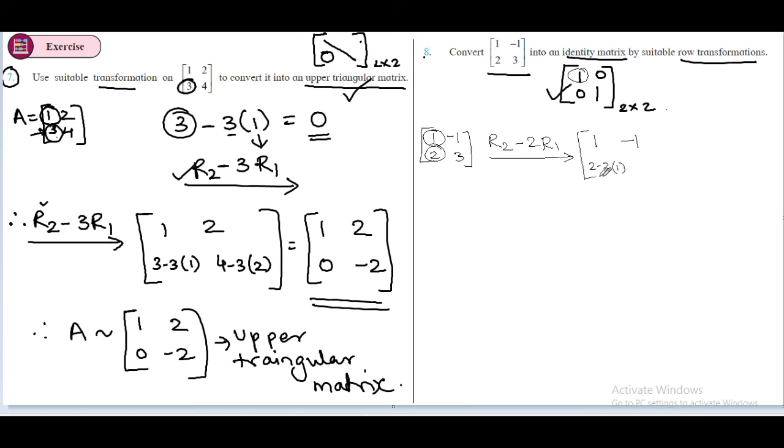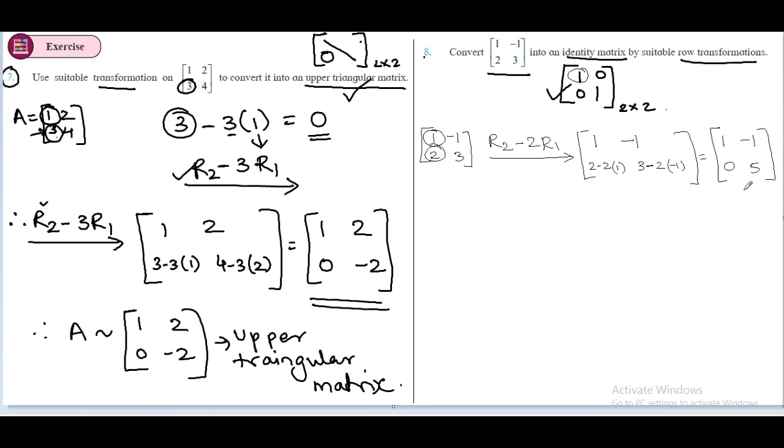I'm writing it in a non-simplified form because you should understand it, but from next time we will not write like this. We'll directly write the answer. Now 3 minus 2 into, what is the second element of the first row? That is minus 1. So basically this matrix is 1, minus 1, 0, 3 plus 2, that is 5, right?